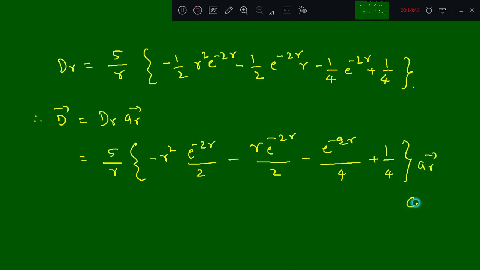This value is in coulombs per meter square. So this is the final D value. So till this much you have to solve.